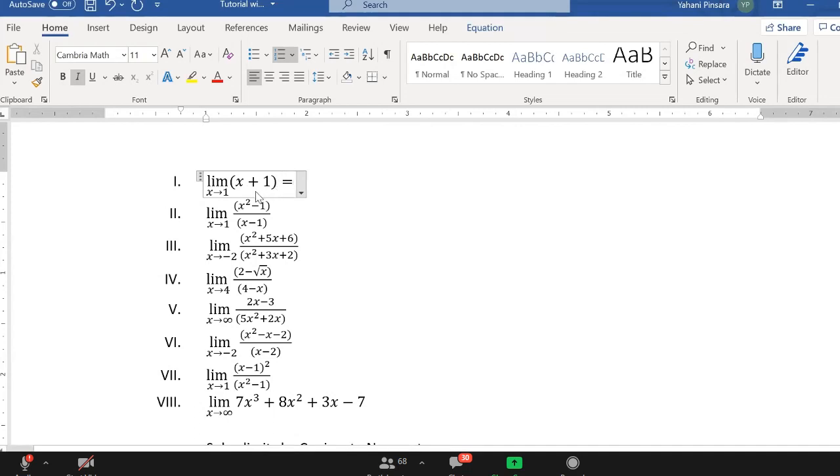So here we have to apply the addition rule. Why are we applying the addition rule here?